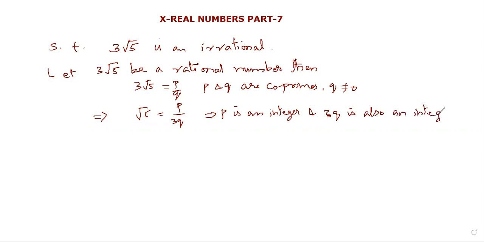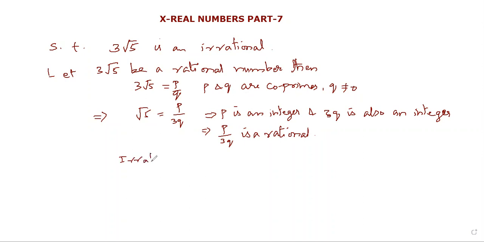So integer upon integer implies that P upon 3Q is a rational number. So again, we reached the conclusion that irrational is equal to rational, which is impossible.